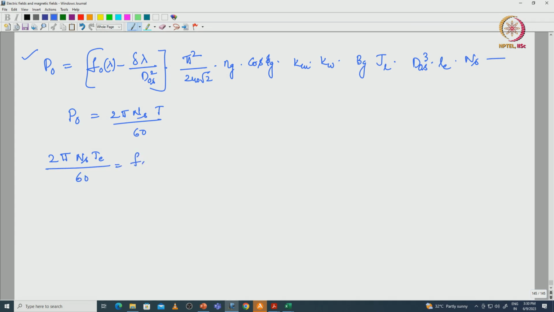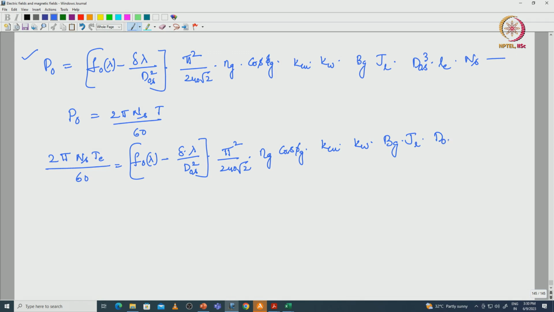It is equal to F naught of lambda minus delta, into lambda divided by D naught S square, into a constant pi square by 240 into root 2, efficiency, power factor, copper fill factor, winding factor, magnetic loading, current density, D cube L term, into synchronous speed.